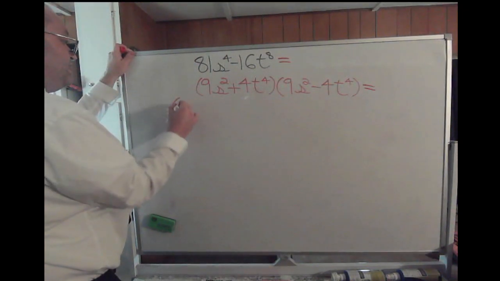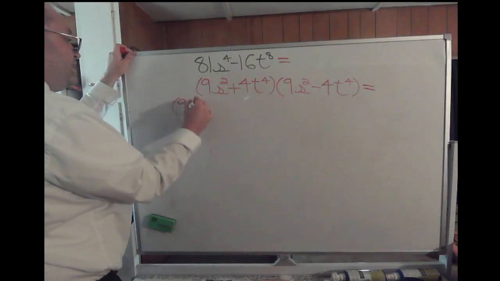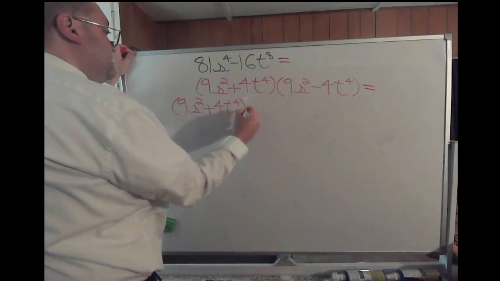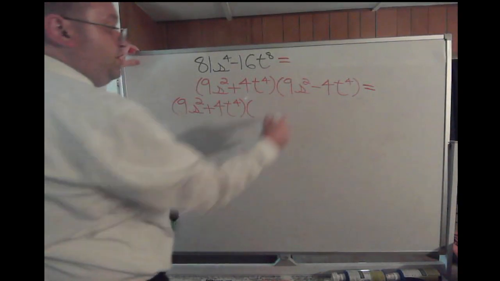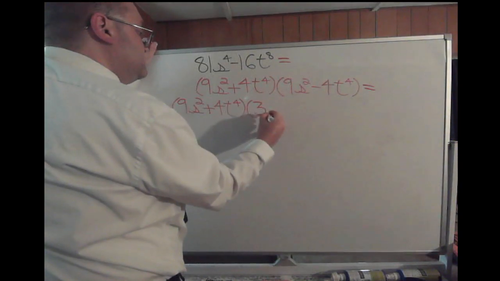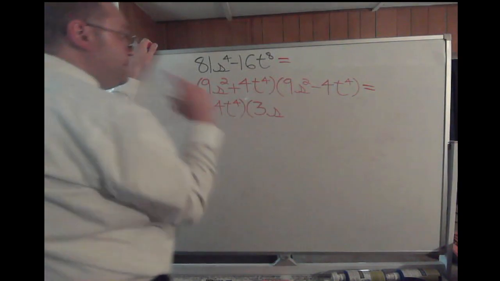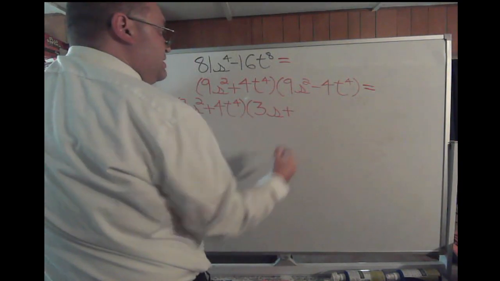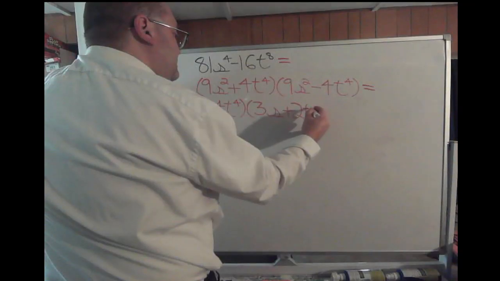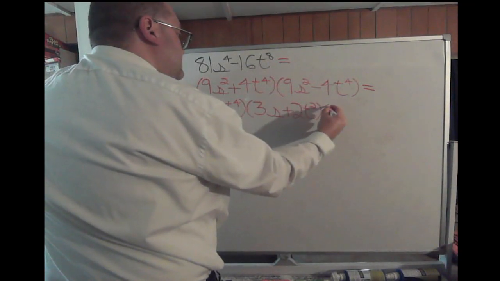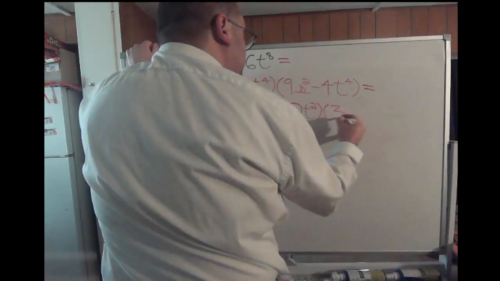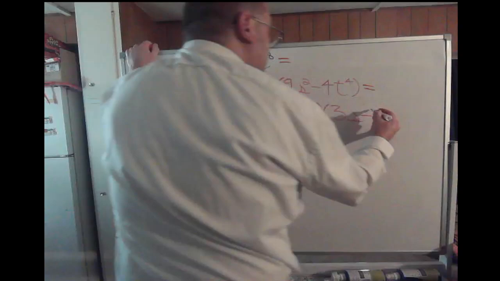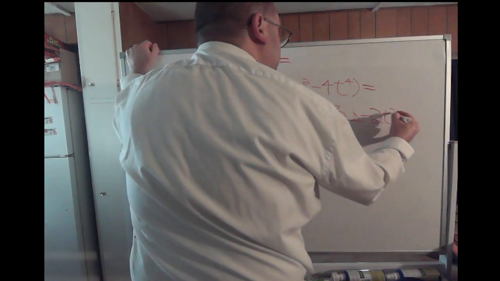You'll still have your quantity of 9s squared plus 4t to the fourth times, let's see here, square root of 9s squared, that's going to be 3s, plus the square root of 4t to the fourth, that'd be 2t to the second, times the quantity of 3s minus the square root of 4t to the fourth, that'd be 3s minus 2t to the second.